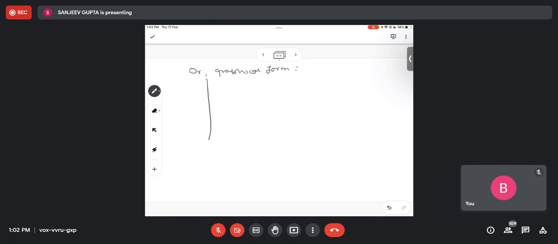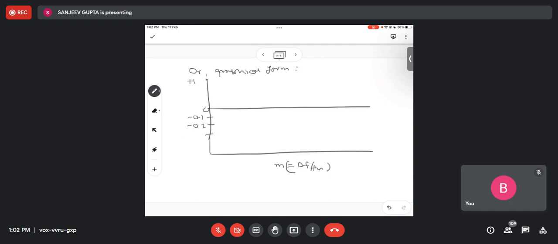This axis is M, which is my modulation index, delta F over FM. This is my 0, and let's say this is plus 1, and this is minus 0.1, minus 0.2, minus 0.3, minus 0.4. So various values are available.